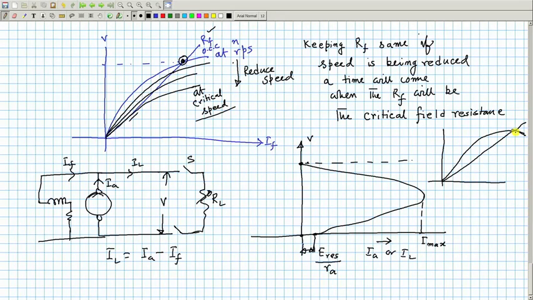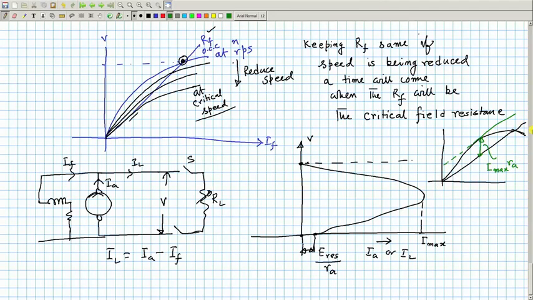Last time I discussed what you do: you draw a line parallel to this line here, so that this will be your I max into RA.